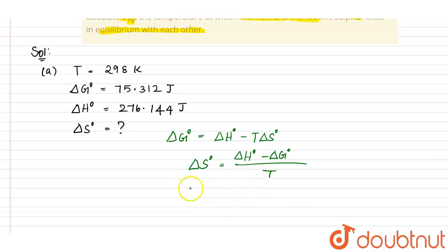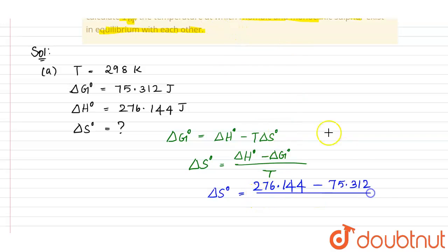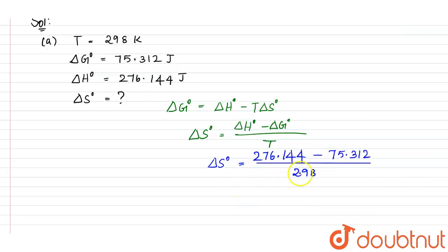Applying all the given values, delta S is equal to 276.144 minus 75.312, divided by 298 Kelvin, the temperature given. The unit is joule per Kelvin.